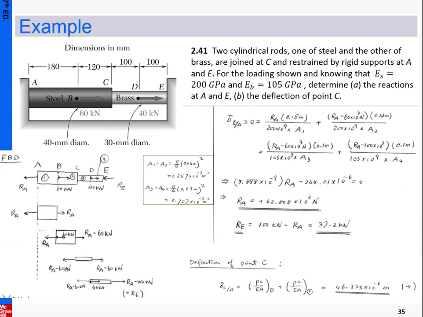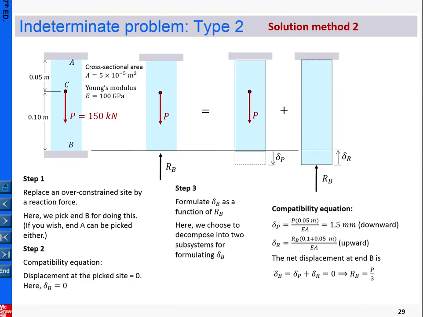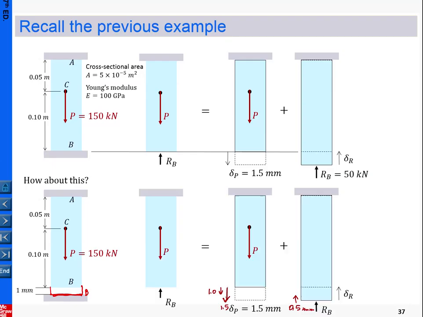So let's look at the formula for RB from the previous example. RB times 1.5 over EA. Under these situations, we solve for RB times 0.5 meter plus 0.1 meter.